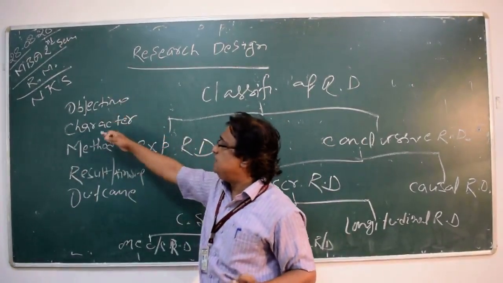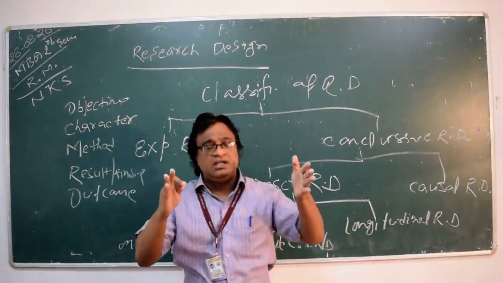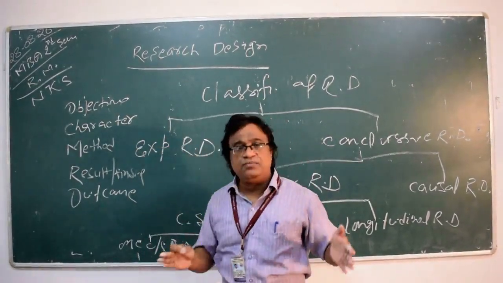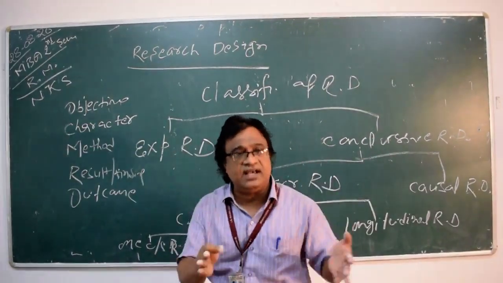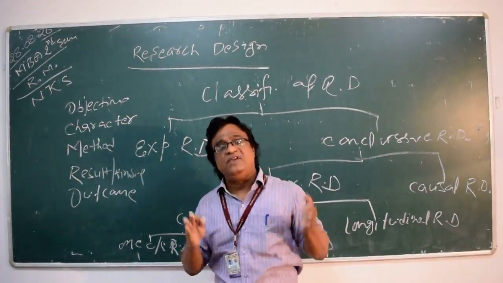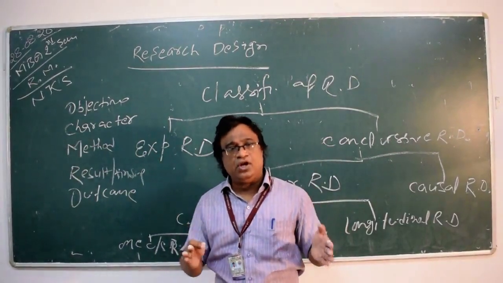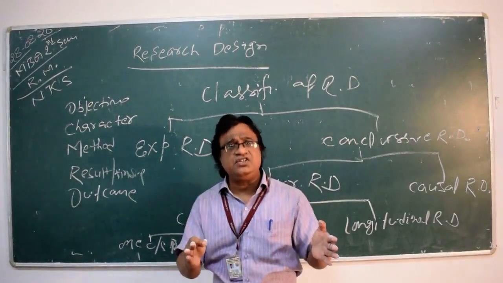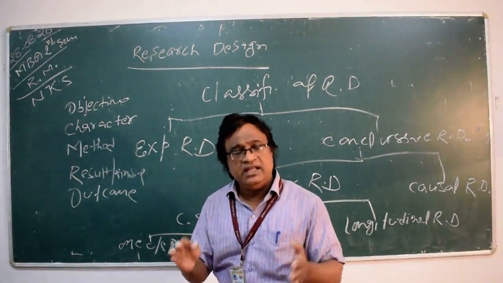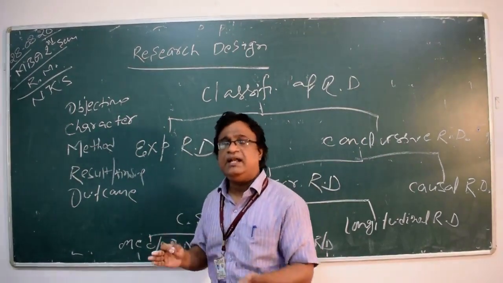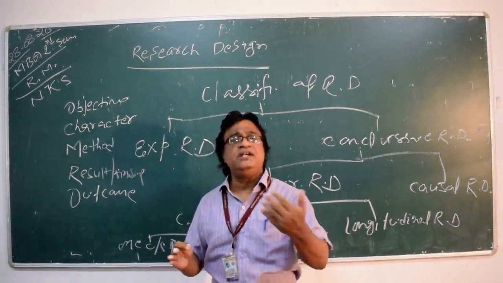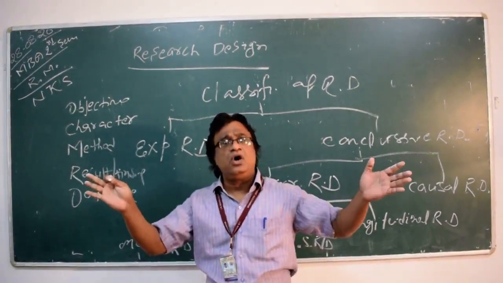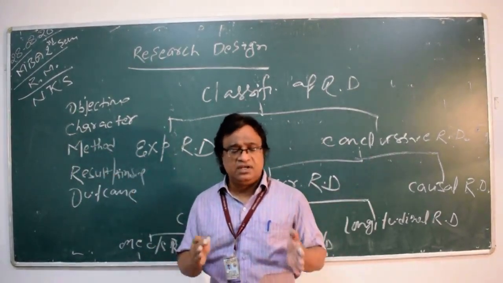Now, characteristics. Exploratory type of research design must be flexible and versatile. Why is flexibility needed? Because if the researcher is flexible, it will help him or her to get pertinent information from all the viable sources.